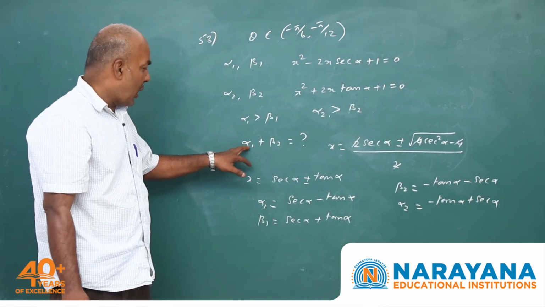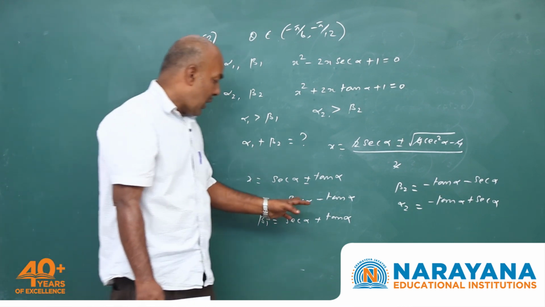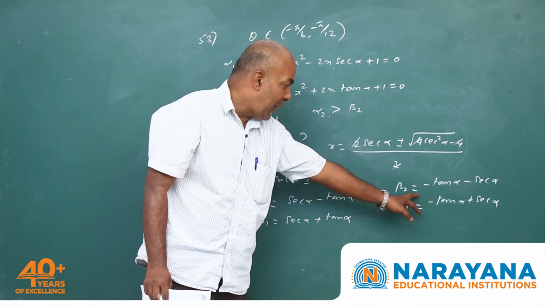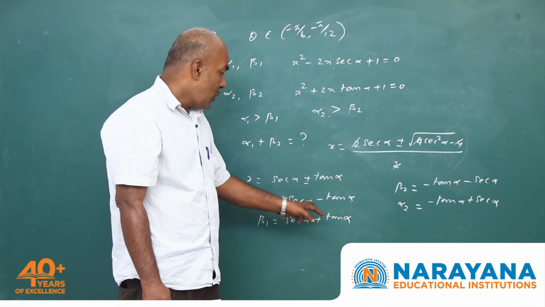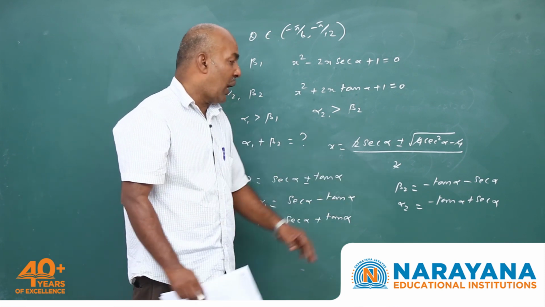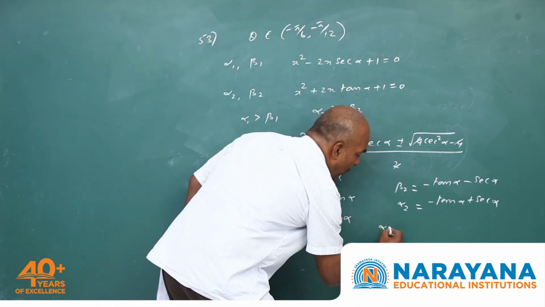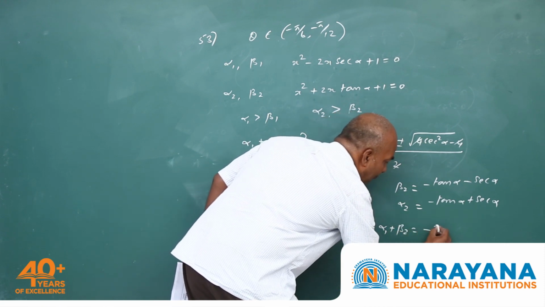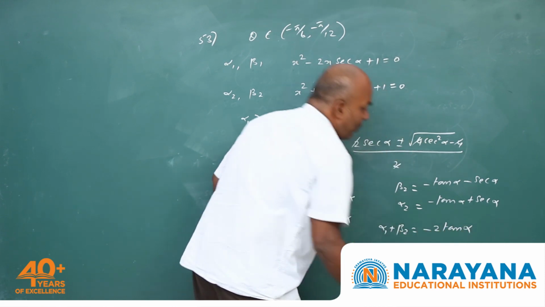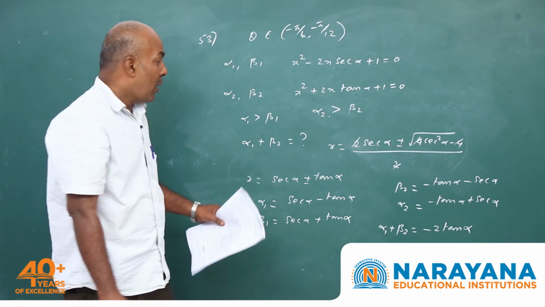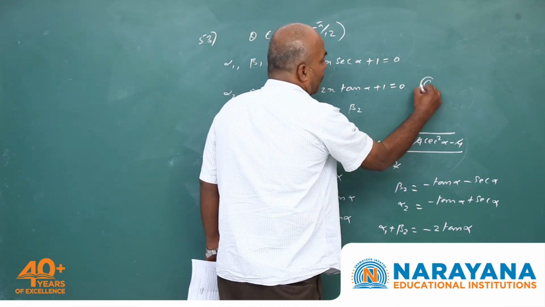Now according to the question, alpha 1 plus beta 2 is going to become minus 2 tan alpha. So the correct answer is option C for the question.